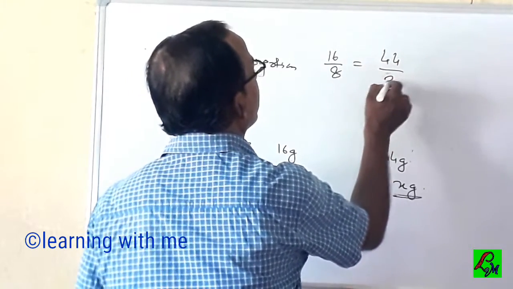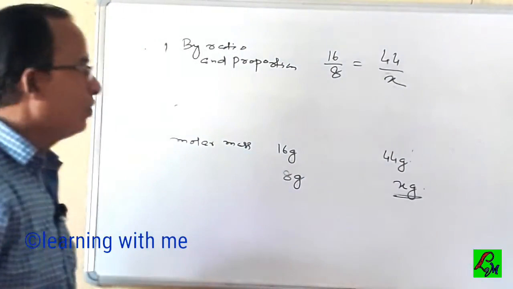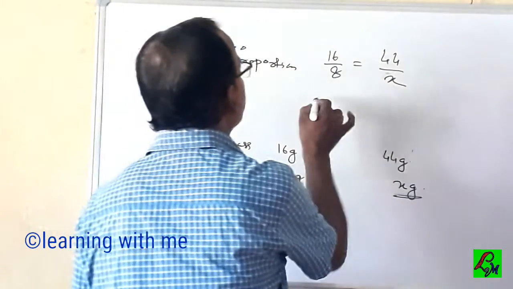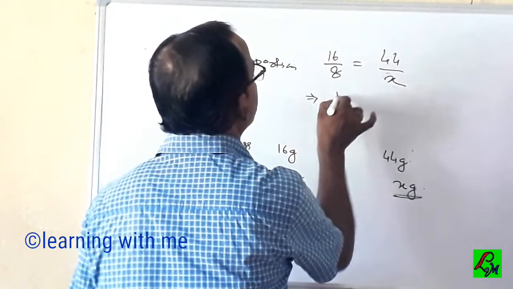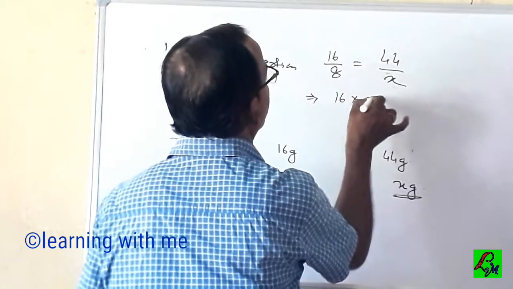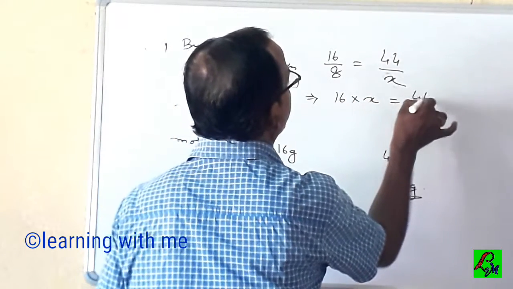So by cross multiplication, 16 into x equal to 44 into 8.